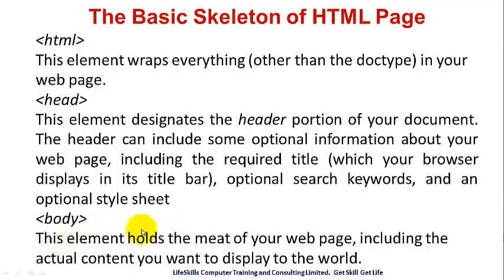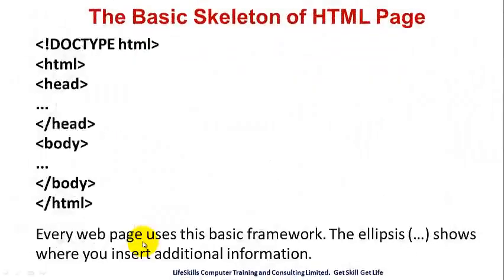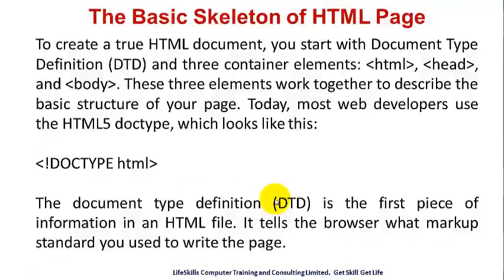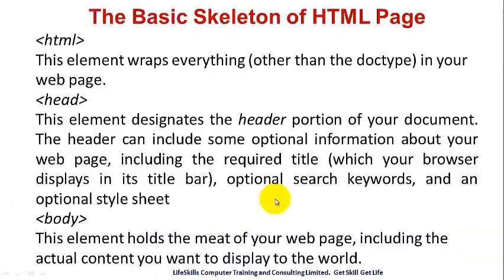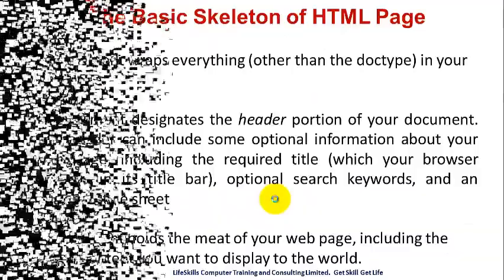The body tag holds the meat of your website, that is, the actual content that people will see. Whatever is between the head, people will not see it. But anything in between the opening body and the closing body is where your content is. So take note of that. The body contains the content of your website.